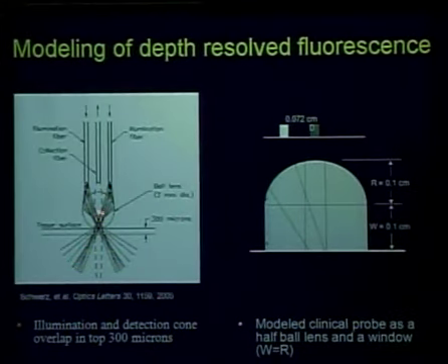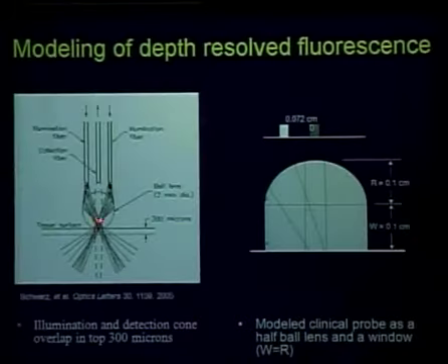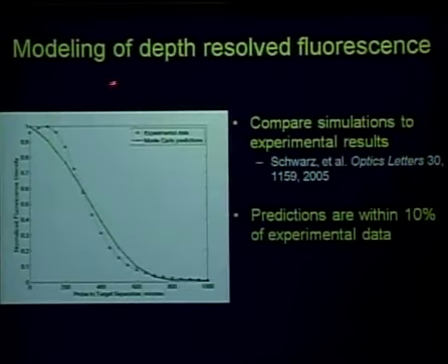This is our ball lens probe again, and what we did was we did Monte Carlo modeling to trace the input of light into the tissue, track the propagation of photons through the tissue, and then determine the resulting collected photons with the probe. And to validate our Monte Carlo simulations, we looked at the intensity of fluorescence collected from a very thin layer of fluorescent material.